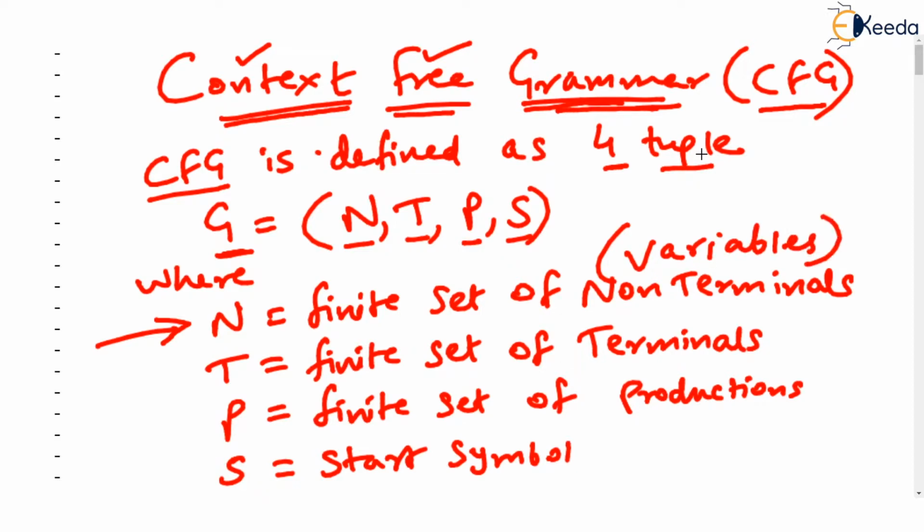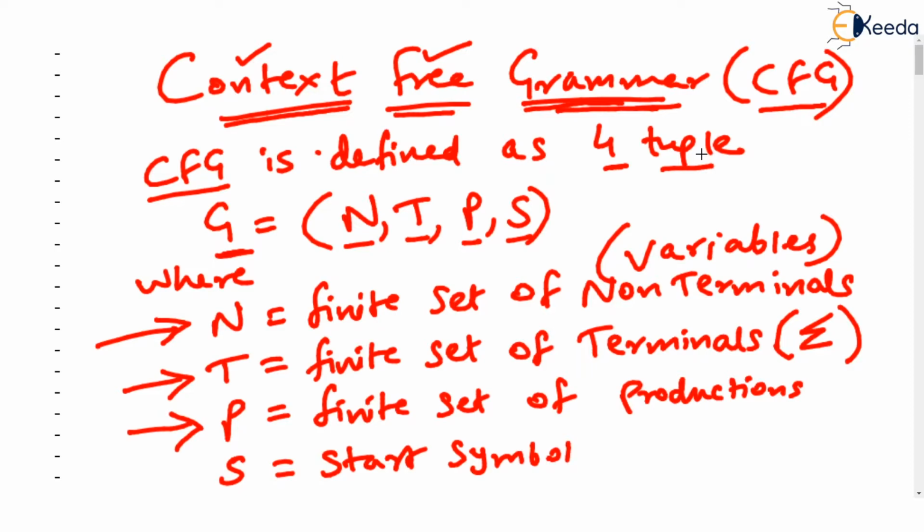The second thing that CFG has is T, which is a finite set of terminals. Actually, terminals is nothing but sigma, the alphabet set given, and using this alphabet set, we can form our strings. P is a finite set of productions.